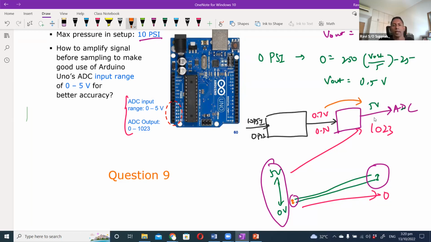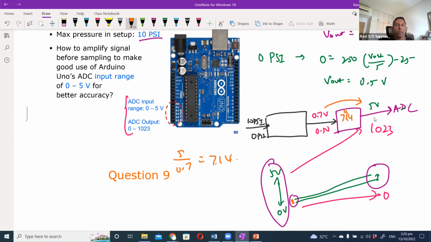So if I take 5 divided by 0.7, I get a gain of 7.14, which means that 0.7 volt at the input side would be expanded all the way to 5 volt at the output side.